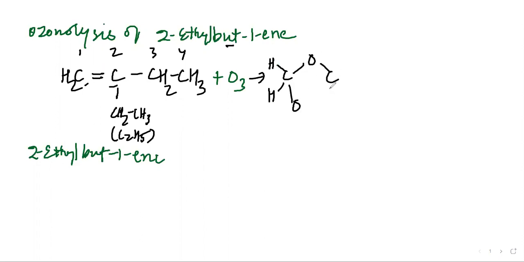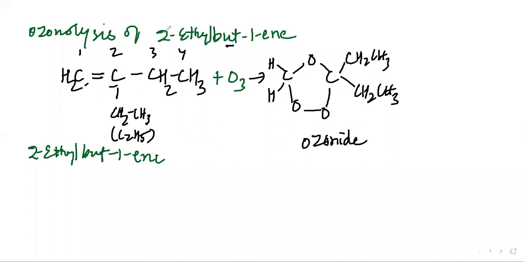It's quite simple to understand. And you can see that this carbon has got CH2, CH3 on both sides. So here you get the ozonide.